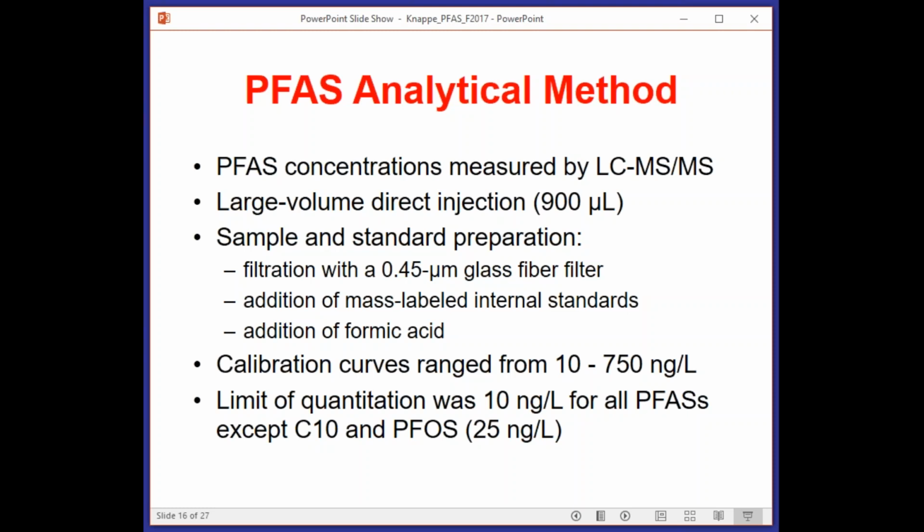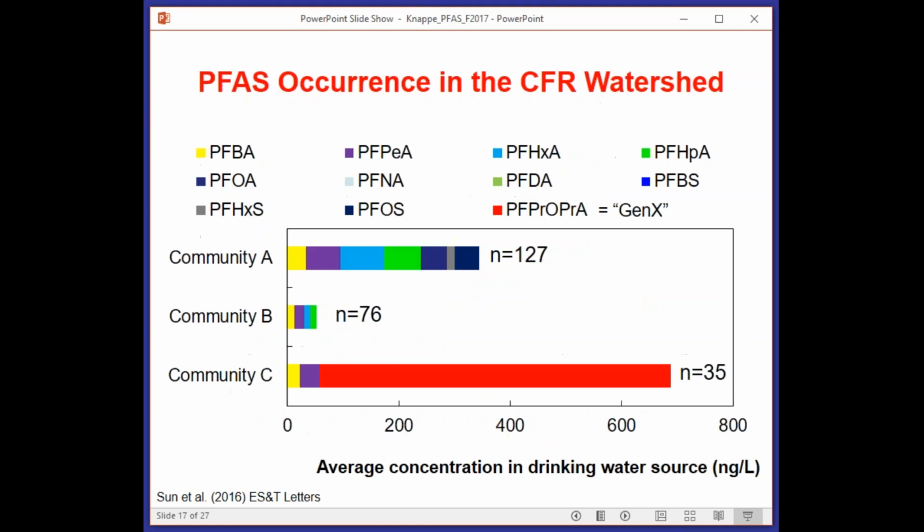And our calibration curve ranged from 10 to 750 nanograms per liter. And our limit of quantitation with this approach was generally 10 nanograms per liter, with the exception of C10 and PFAS, which had MRLs of 25 nanograms per liter. So next slide.